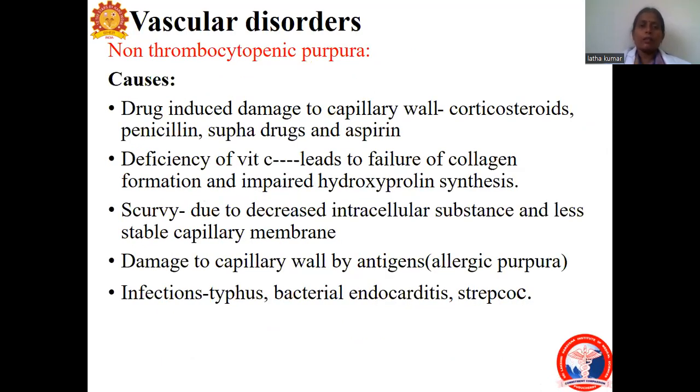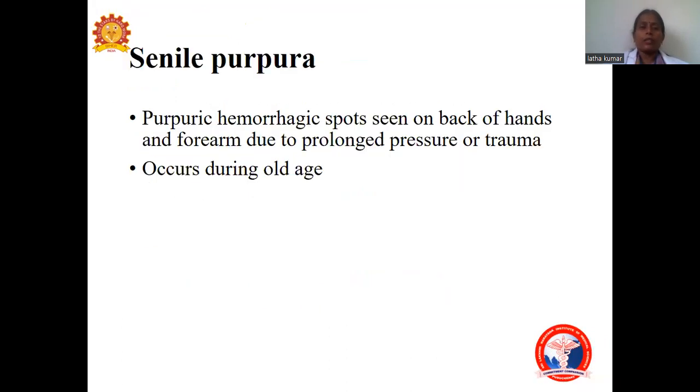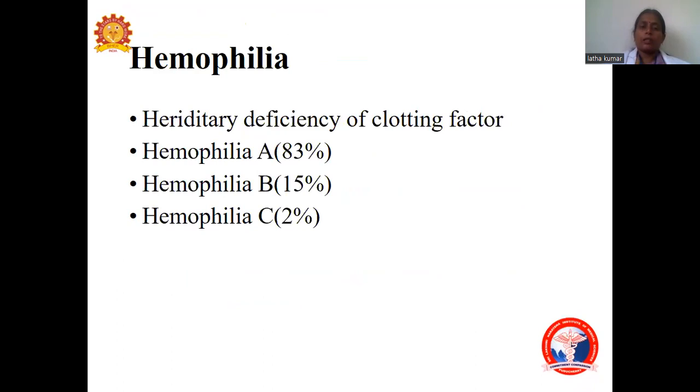Vascular disorders are called non-thrombocytopenic purpura. These are due to drug-induced damage to the capillary wall, deficiency of vitamin C, scurvy, damage to the capillary wall by antigen, and infection. Next, senile purpura, purpuric hemorrhages occurring in old age.